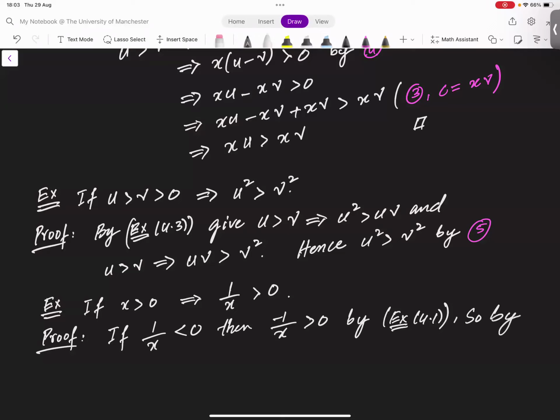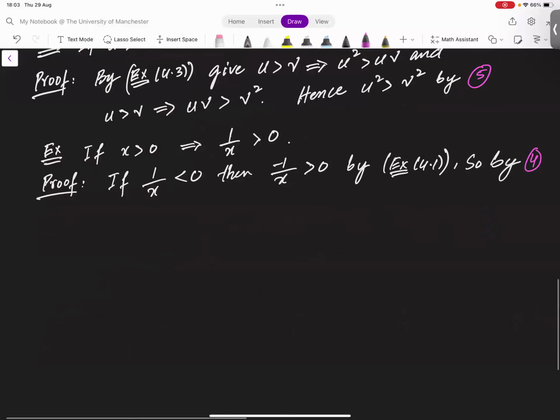So by rule number 4, x into minus 1 over x is greater than 0, that is, minus 1 is greater than 0, which is a contradiction.